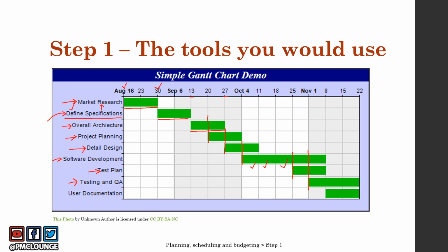When you are in the last week of development, you are in the last week of planning tests. That's when you are starting off with testing and quality assurance as well. While you're doing testing in the last 2 weeks, you are also creating user documentation. So this is how all the project activities are charted out in a Gantt chart. I hope the example was clear.